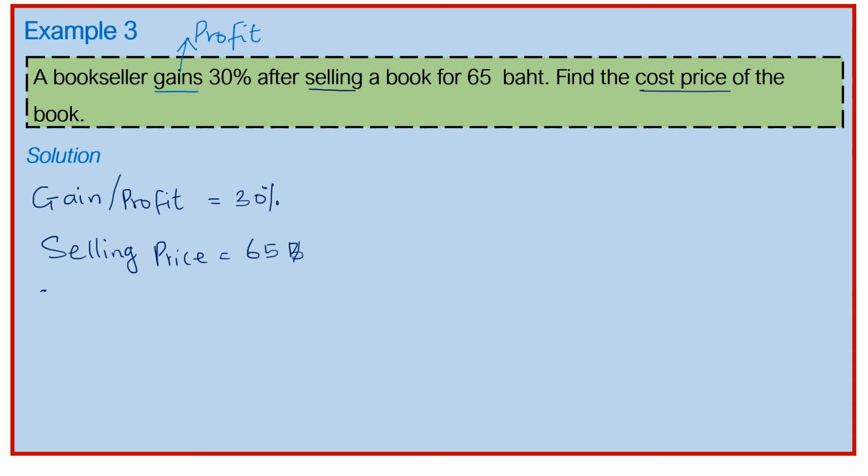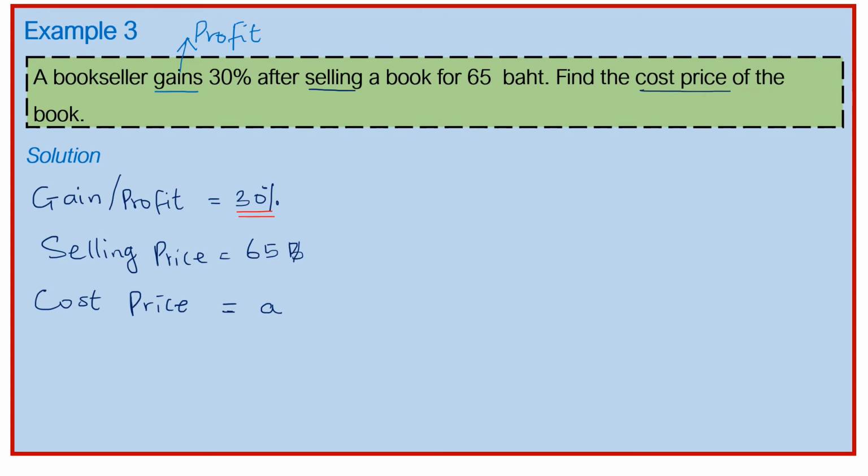Now find the cost price. We need the cost price, and we can say let the cost price be A. Okay, now we are going to make an equation of proportions. So he gained a profit of 30%.